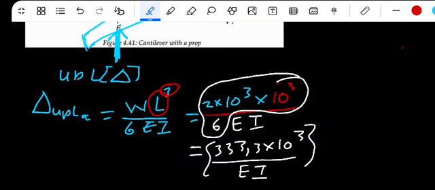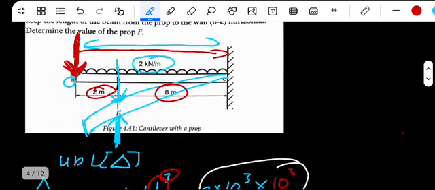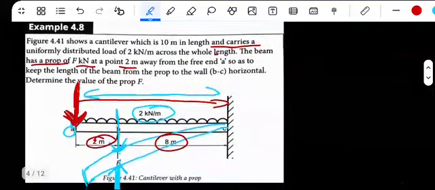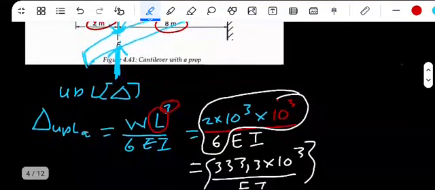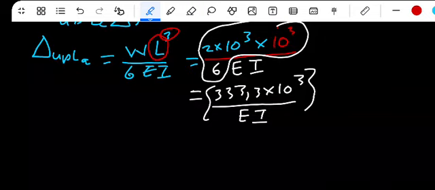So it's at A due to UDL. Since it's at A, we are done with that. It cannot have additional deflection, but the angle will be there. The angle will always be there if you want to calculate it.